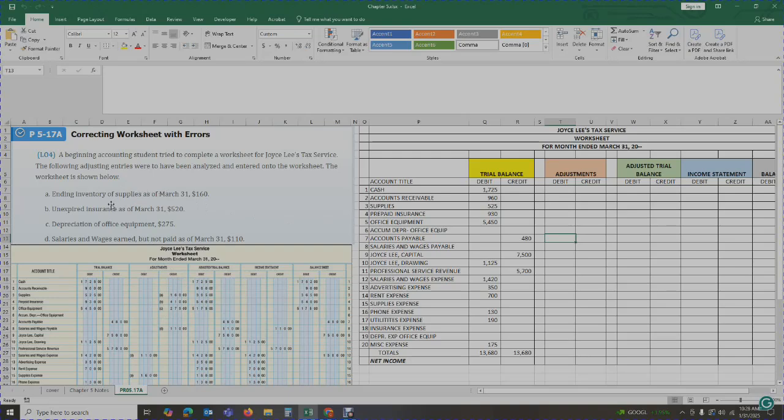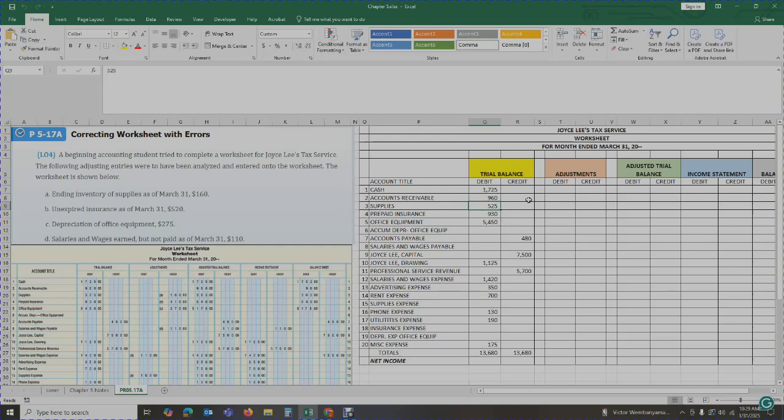Letter A says the ending inventory of supplies as of March 31st is $160. So we're looking at supplies. Supplies had a beginning balance of $525. Supplies is an asset account; we own the supplies.